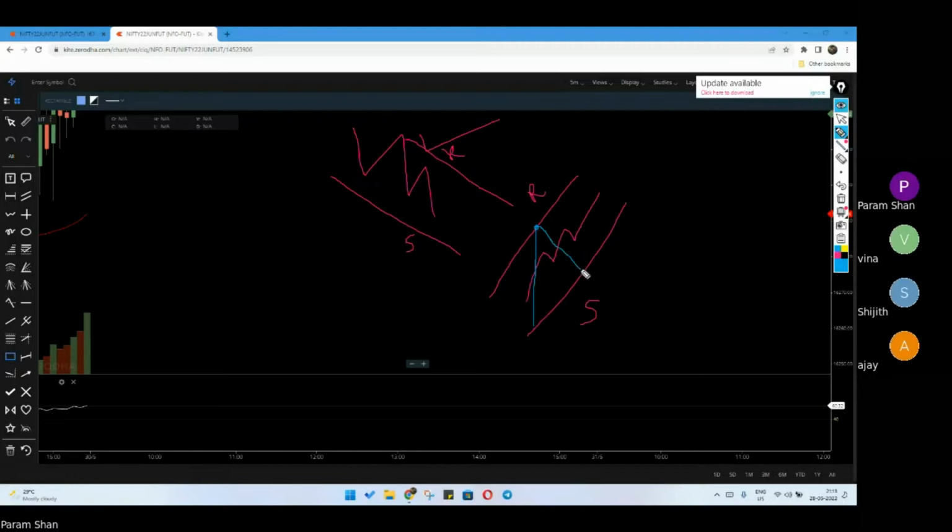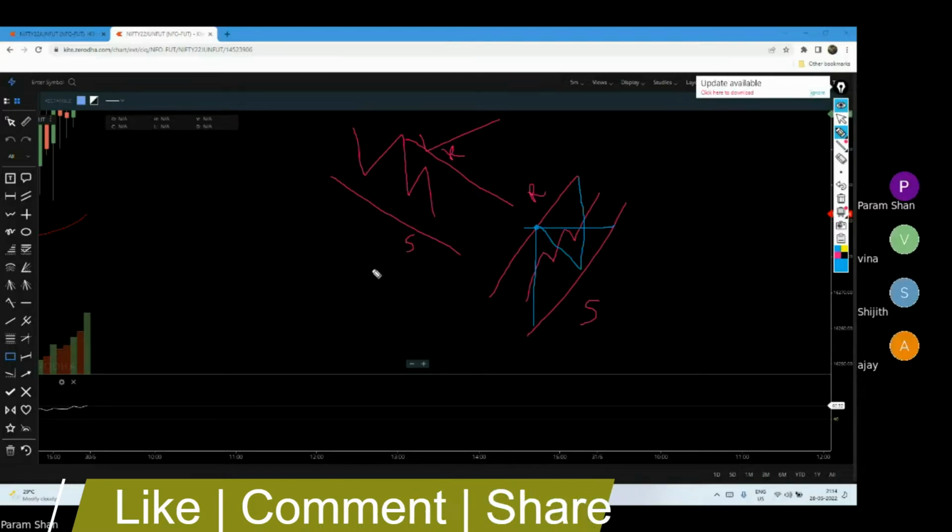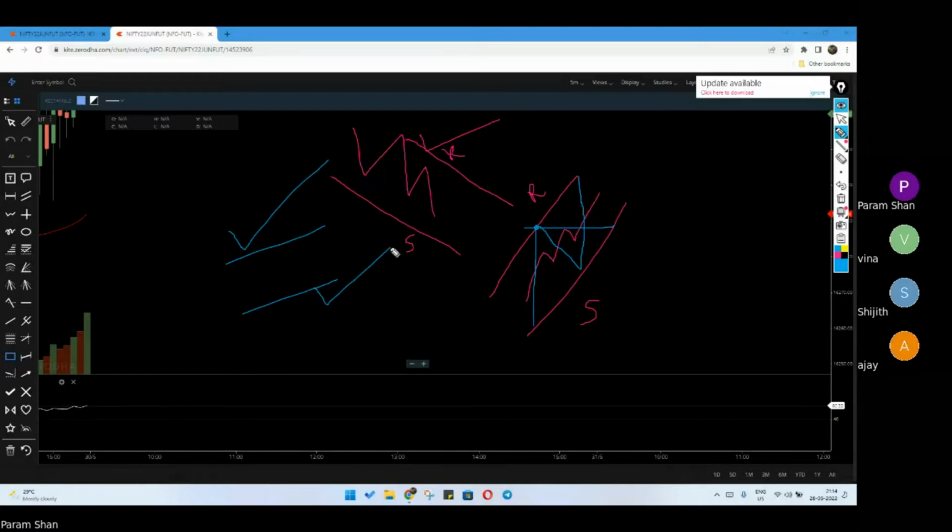There will be a pullback, touch here again, it will move. So this is a V break, right? This pattern is a very, very common pattern that we will be able to see in any day's trading. Sometimes we may not be able to see the parallel lines, but at least the resistance line or the support line should help us to identify where it is going.